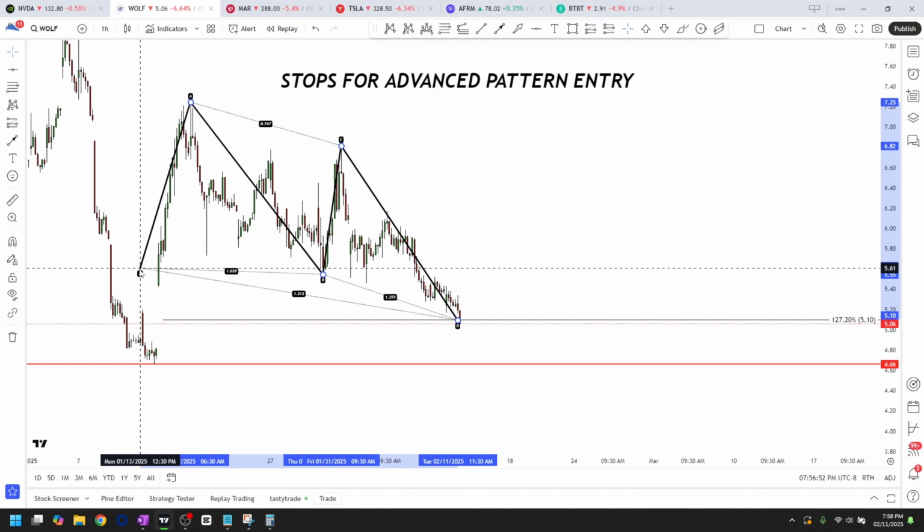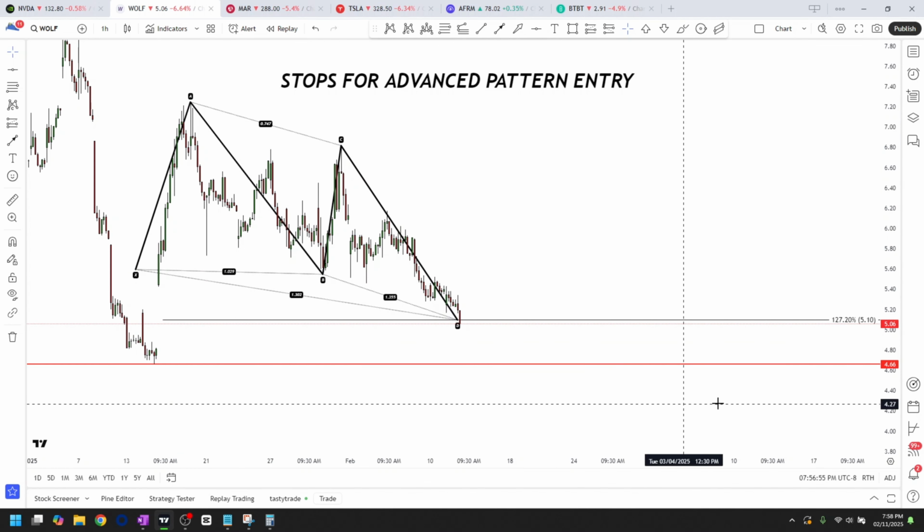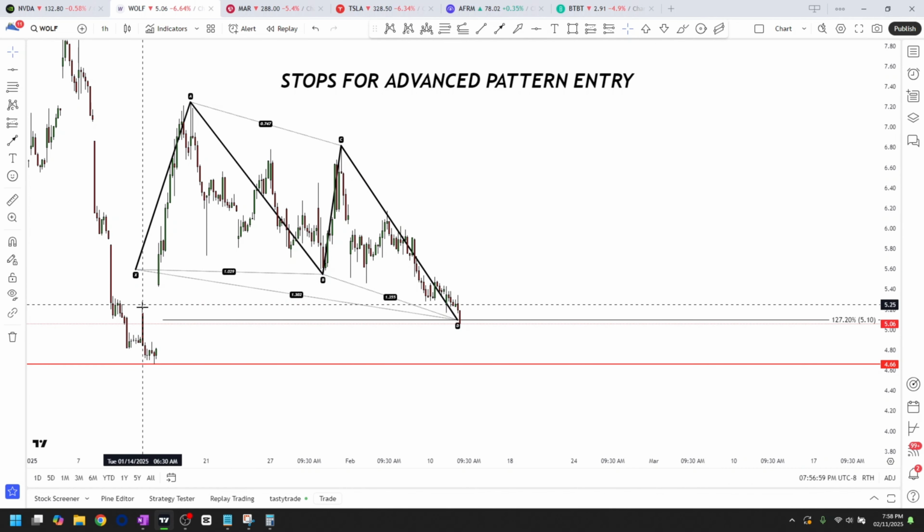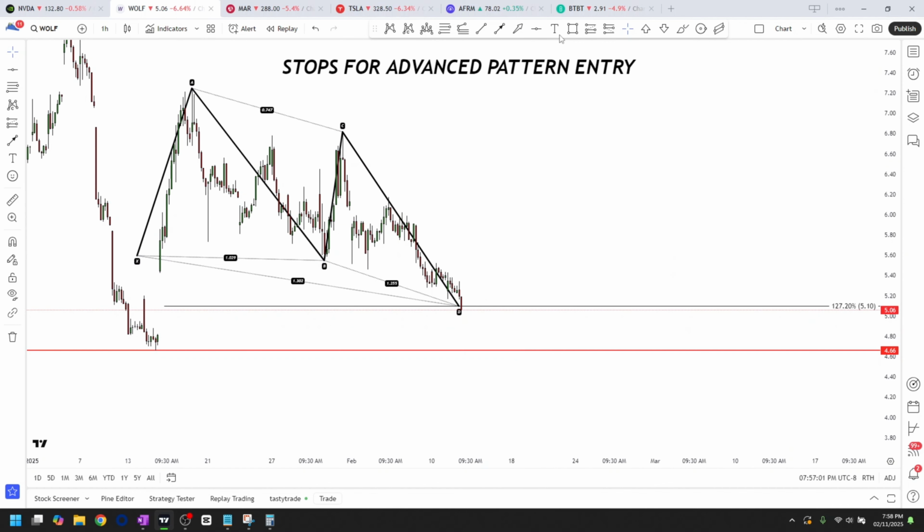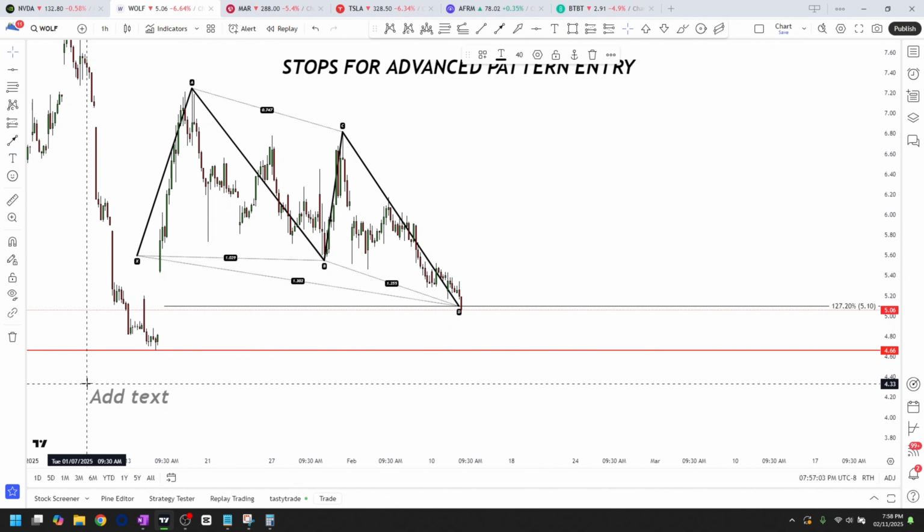So getting the price of the X leg, which in this case is 466. And then also, so I'll write this down. Number one, get price of wick at X leg.